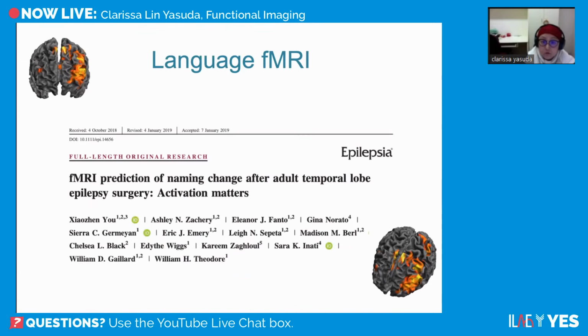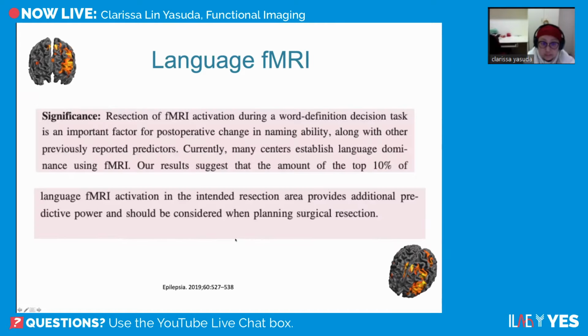And as I told you, there's a recent paper showing that language fMRI can also be used to predict naming change after adult temporal lobe epilepsy surgery. In this study, they observed that resection of the fMRI activation map, performed during a definition decision task, is an important factor for postoperative change in naming ability, along with other predictors.